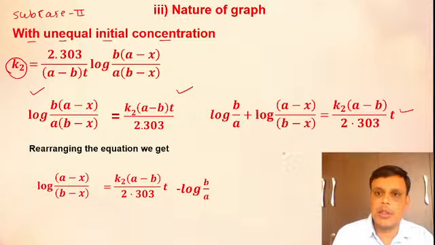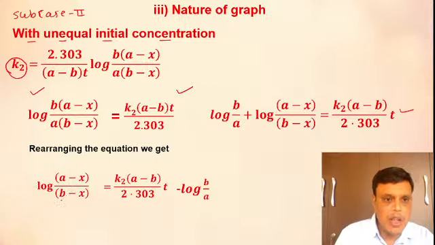So log (a minus x) divided by (b minus x) is equal to K2 into (a minus b) divided by 2.303t, minus log b by a.